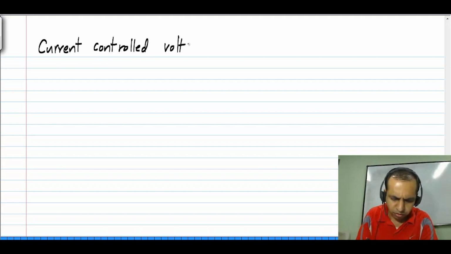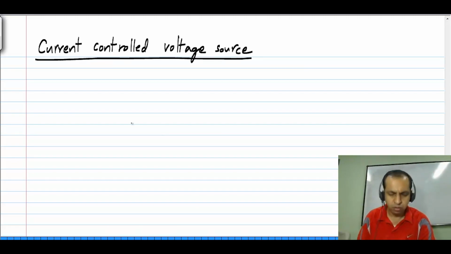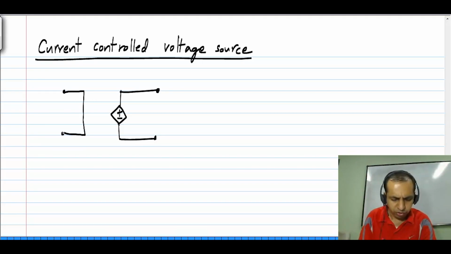The next controlled source we'll look at is a current controlled voltage source. It has a controlled voltage source whose value is given by a current flowing elsewhere.